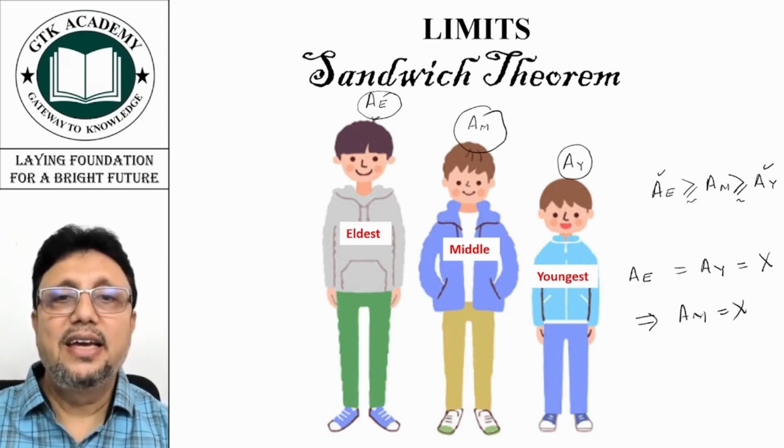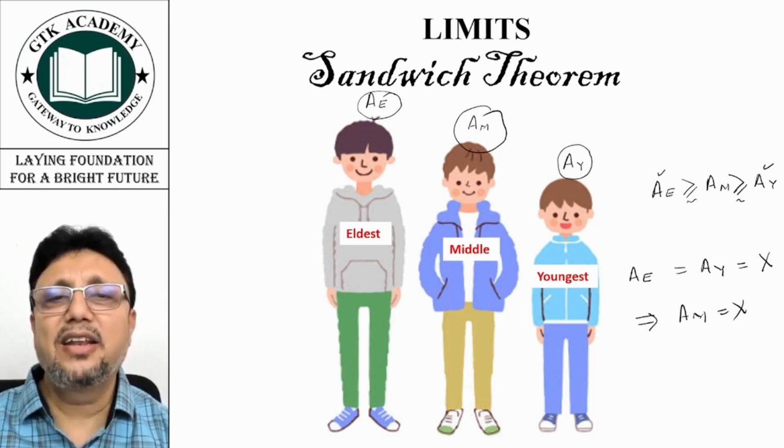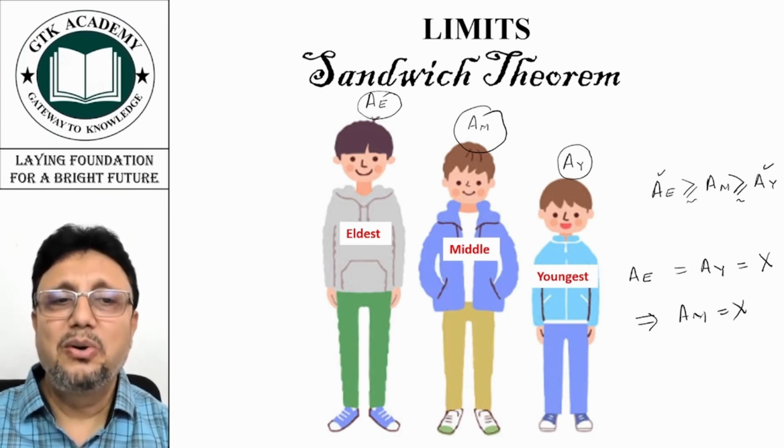If the ages of eldest and youngest are the same, that indicates they are all twins. So the middle one will also have the same age.